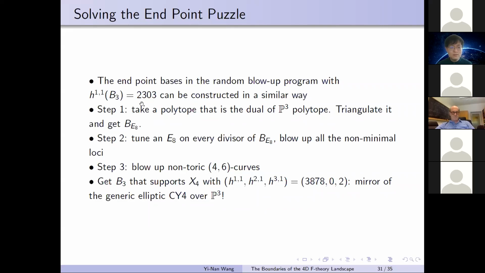So we can just take another polytope, we triangulate it, and we tune an E8 on every divisor. Then we blow up all the non-minimal loci. And finally, we will exactly get the correct B3 with the correct h11, which supports a very interesting Calabi-Yau fourfold as well. Okay. So this concludes the first part of my talk, the 4D part.